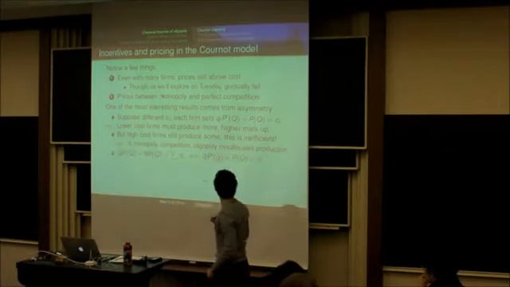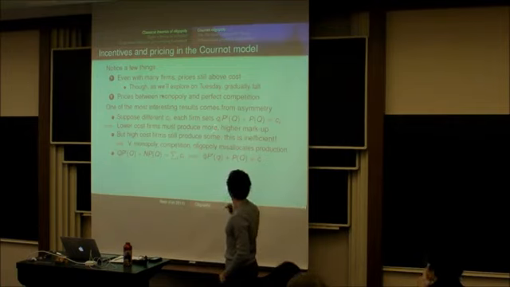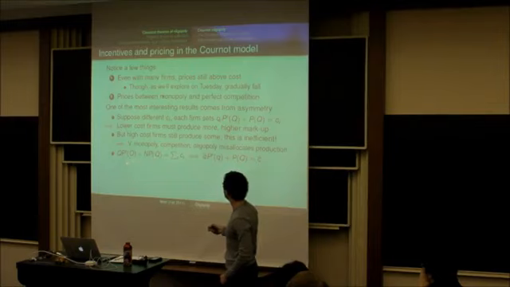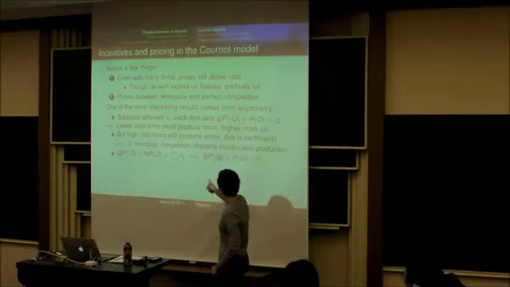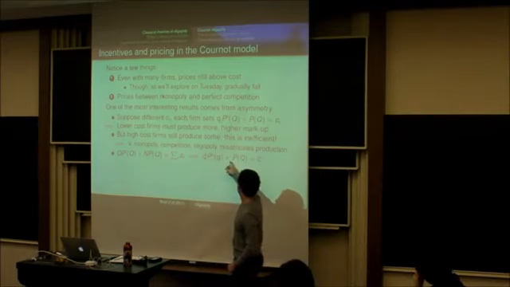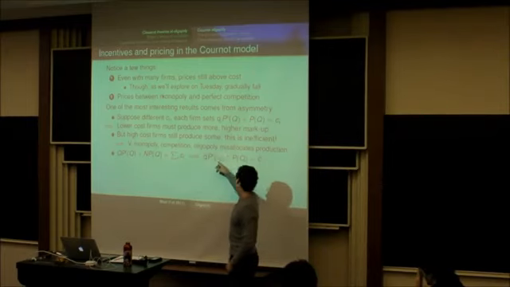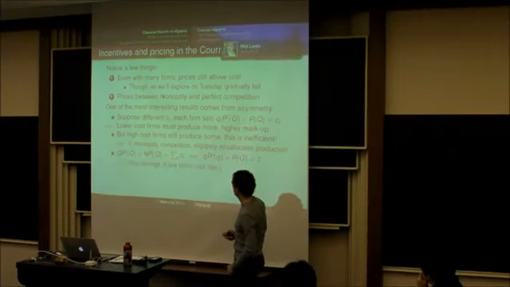And we can now add this equation up across all the firms in the industry, just sum over I, and we get that Q times P prime of Q plus N times P of Q is equal to the sum of all the firms' costs. Another way we can say that is, if we divide this by N, we get that the average quantity times P prime plus P is equal to the average cost.